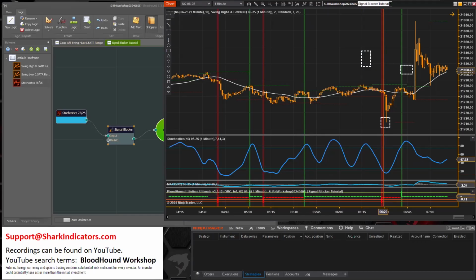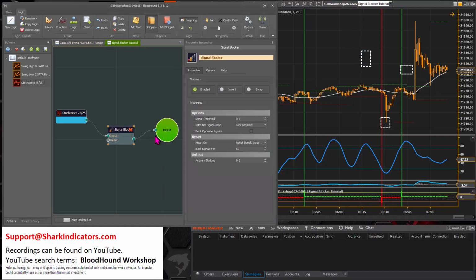And we can see this short signal then reset the long signal blocking there. The reason why is because of this input opposite signal, right? At the input, an opposite signal came in. We had a long signal actively blocking, and of course a short signal is the opposite of a long signal.